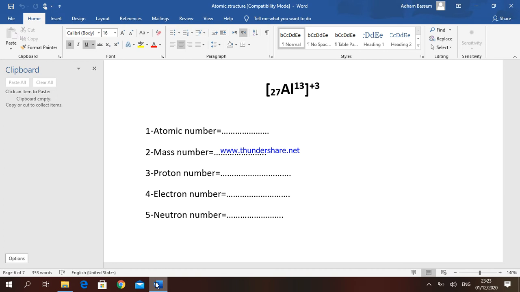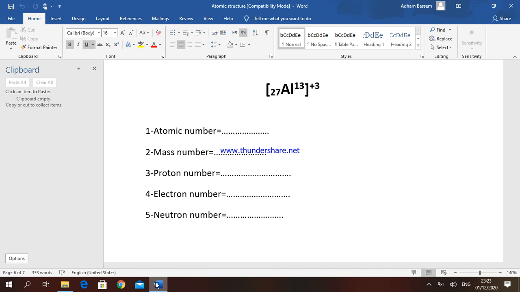Okay, so in this case, the metal atom changes into a metal positive ion, which carries a number of positive charges equal to the number of lost electrons. Look at the example in front of you. Aluminium ion carries three positive charges.